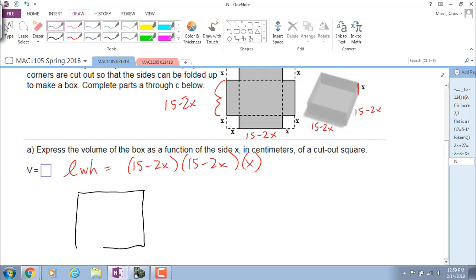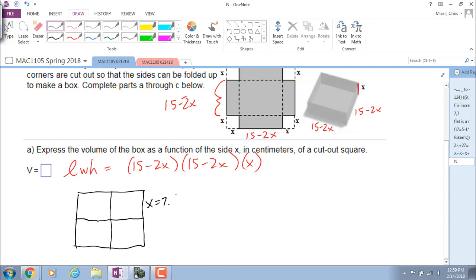We've got this, and if we cut away just a little bit, we might be okay. But what if we cut away this much, and then that much, and then that much, and then the whole thing is gone? What's the value of x? That's the side length of each square that we've cut away. 7.5. It's half of the thing.